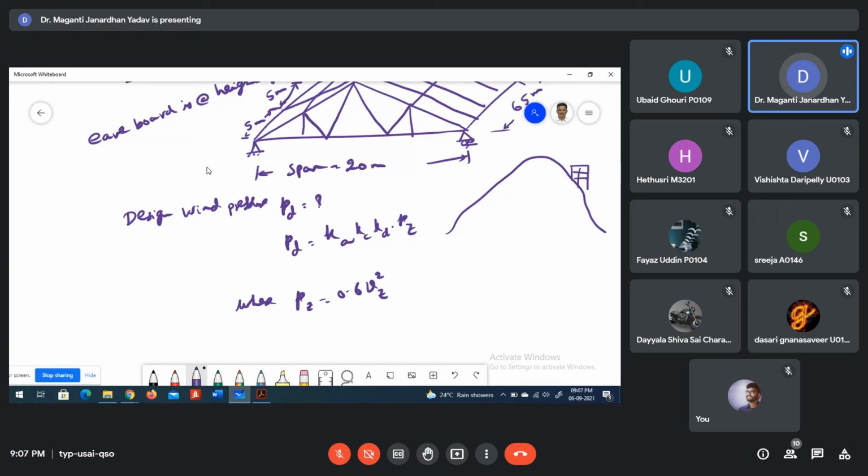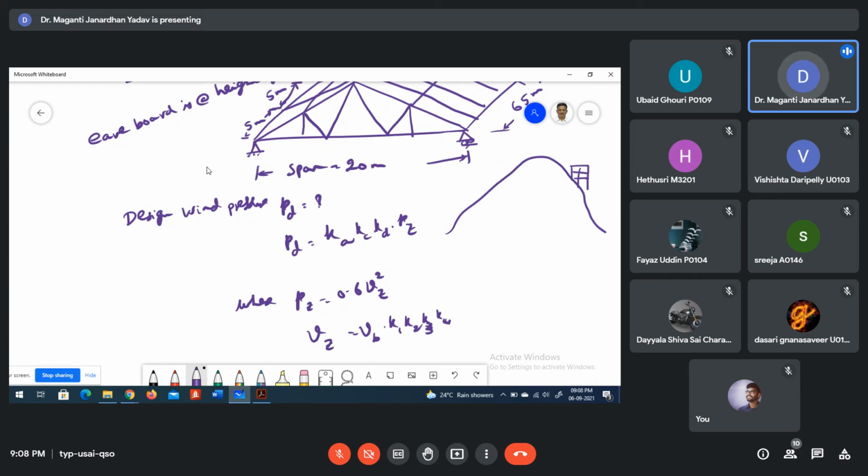I am using all the notations given by this code, where Vz is equal to Vb into K1, K2, K3, K4. Earlier code did not give this K4. Okay, this is what is to be found.